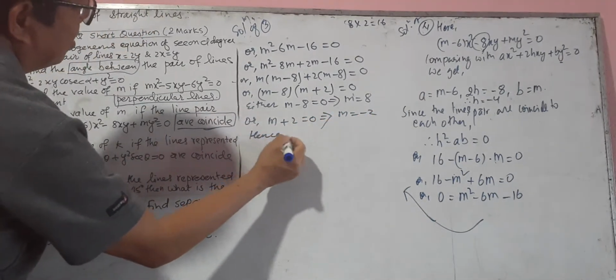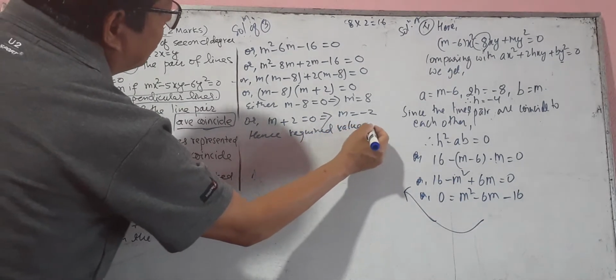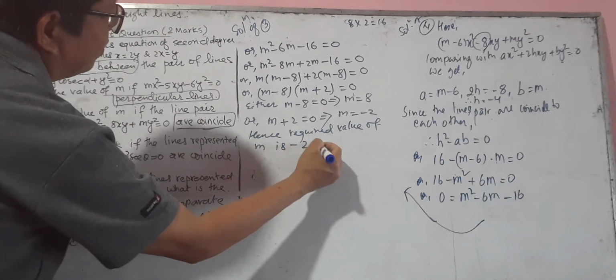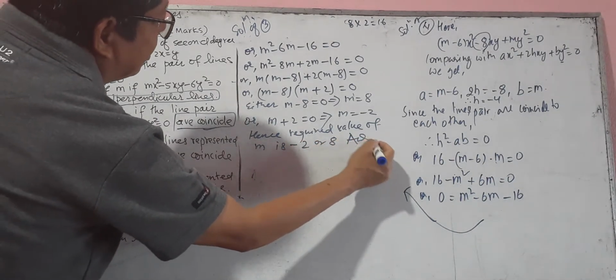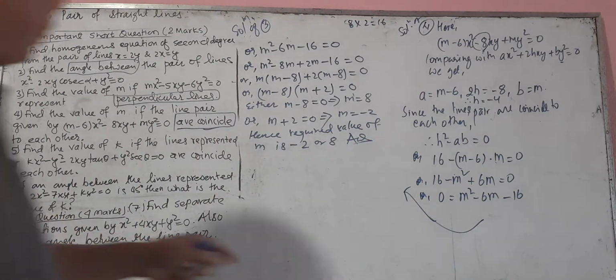Hence the required value of m is minus 2 or 8. Finished. This is the completion of question number 4.